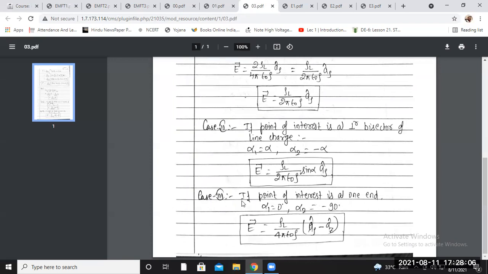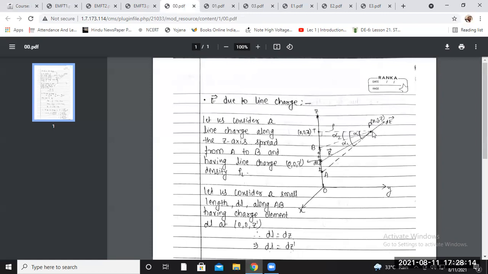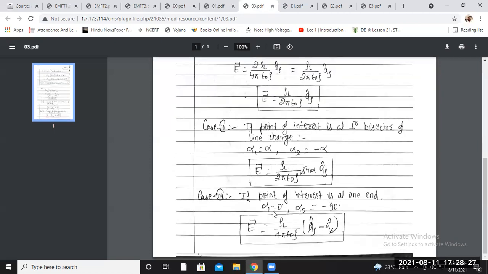Now, the third and last case related to electric field intensity due to line charge is when the point of interest is at one end. Let us say this point P is at one end, at point B. Then in that case, alpha 1 will be 0 and alpha 2 will be minus 90 degrees.